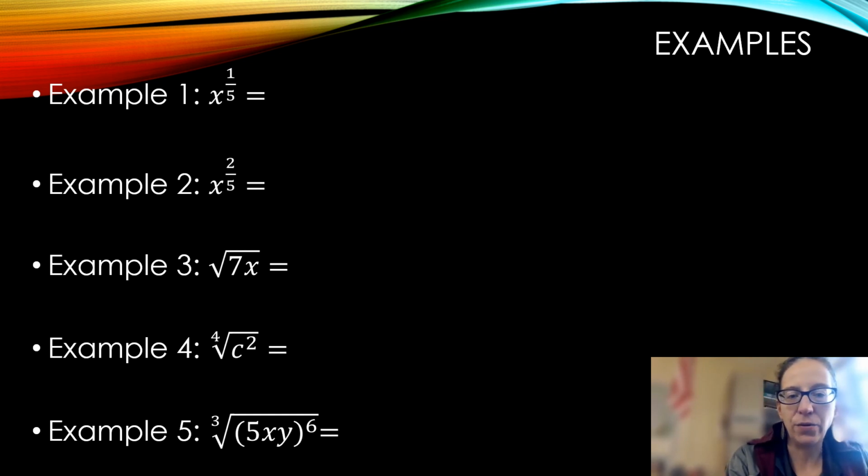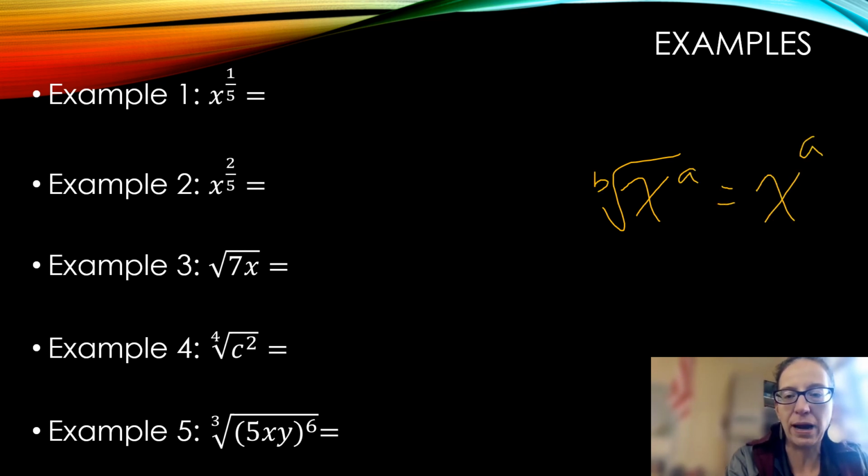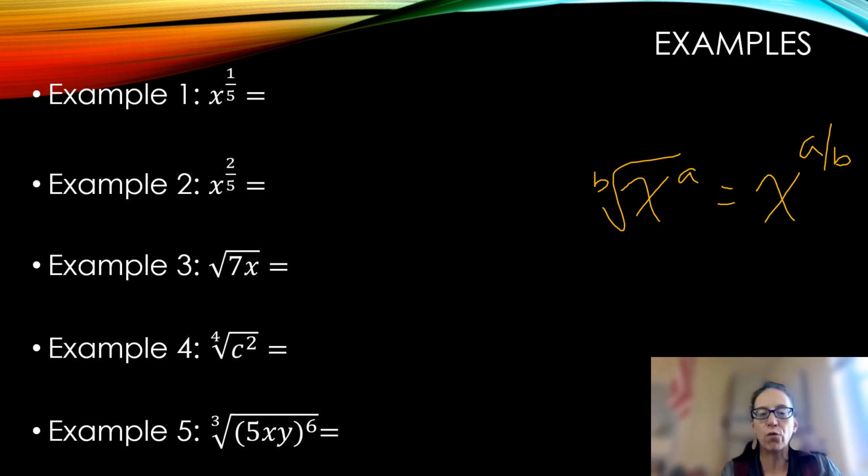We're going to write the bth root of x to the a equals x to the a over b. I'm copying it down so that I have that key idea where I can see it, because this is a low level skill. This is really just about mechanically rewriting stuff from one form to another.